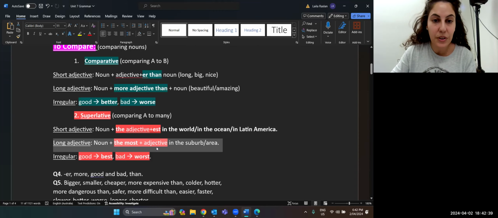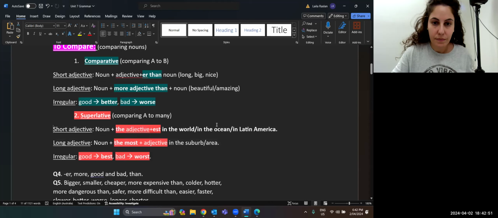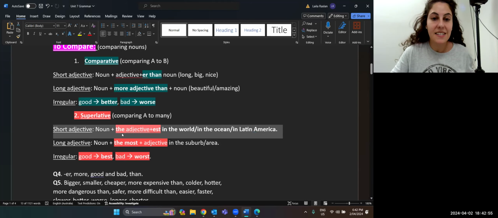London is the most expensive country in the UK. Or, Australia is the biggest continent in the world.